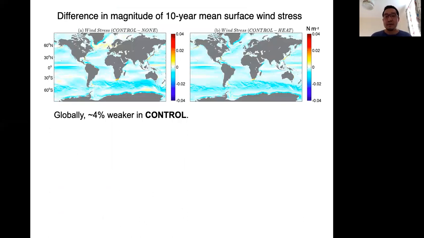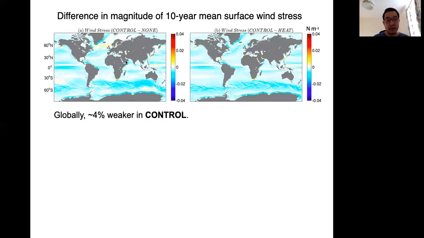So let's start with the forcing field to see what it brings about when we include ocean surface current. This figure shows the difference in the magnitude of 10-year mean surface wind stress. This panel shows the difference between control and none, so control minus none.